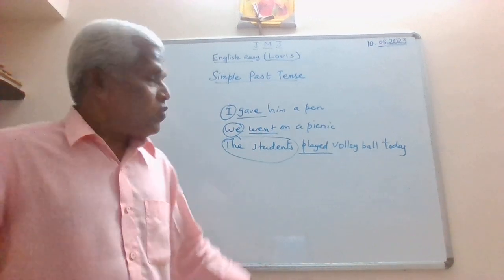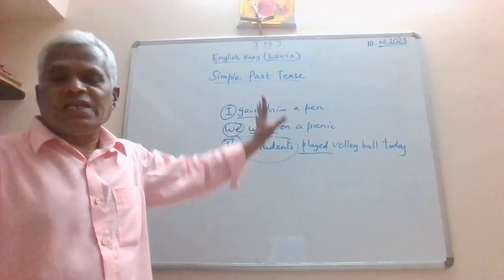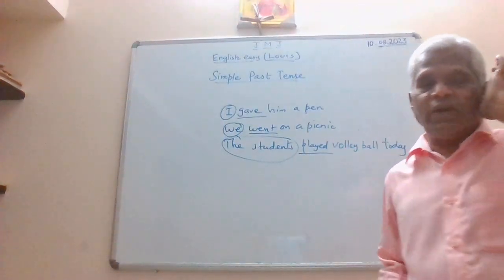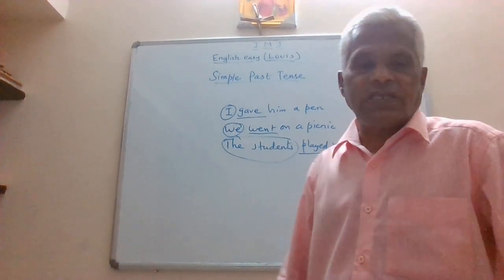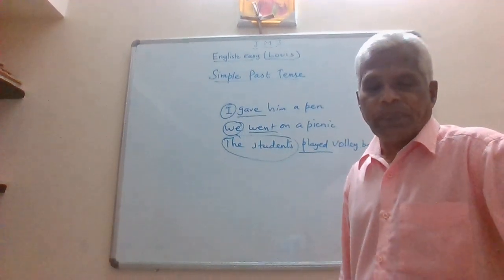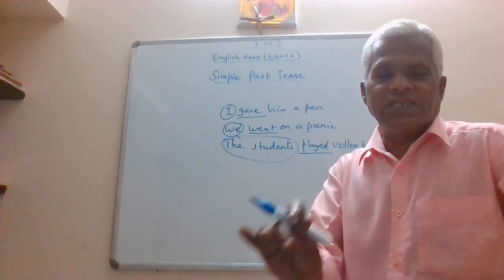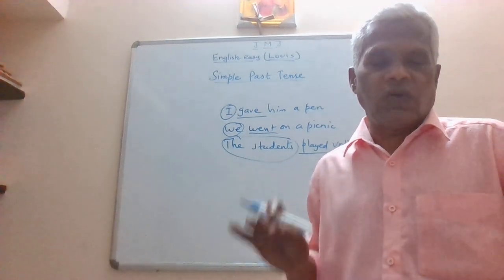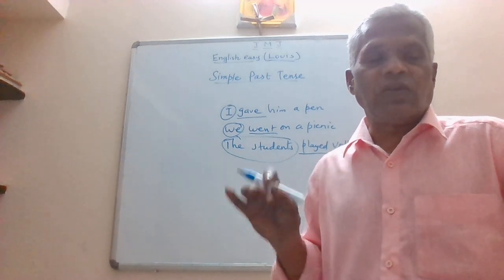So what can we arrive at by way of conclusion after reading these sentences? How can we frame the rule for these explanations that I have been giving you just now? Very simple, guys. This tense is used to describe actions that are over or that are completed.